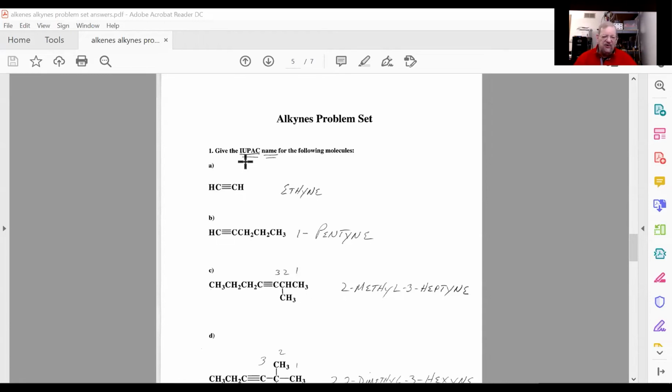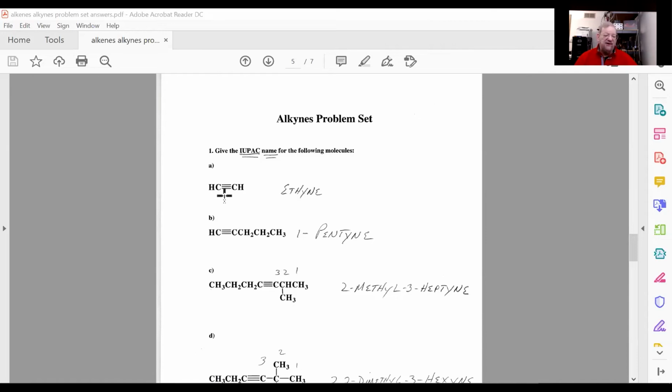And how do you do that? You look for what's different. Count how many carbons are in the longest chain that contains both carbons of the triple bond. Remember, triple bond, 2 pi bonds, 1 sigma bond. And this one, simplest one, ethane. Drop the ANE ending, 2 carbons, put in YNE.